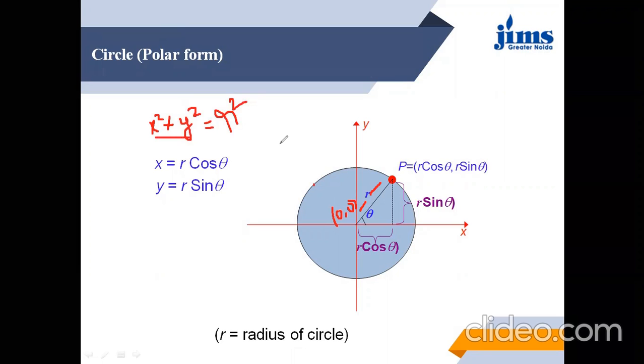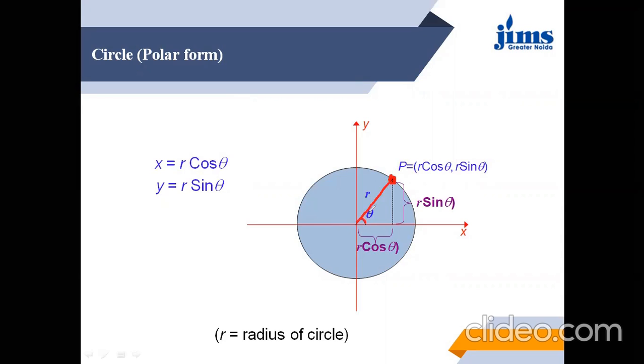We can write this in polar form also. What is polar form? Suppose I take this point on a circle. Everywhere the radius is r, and suppose this is an angle theta.